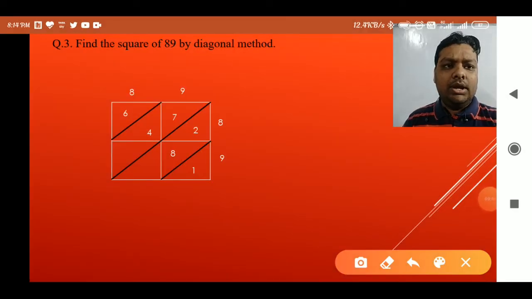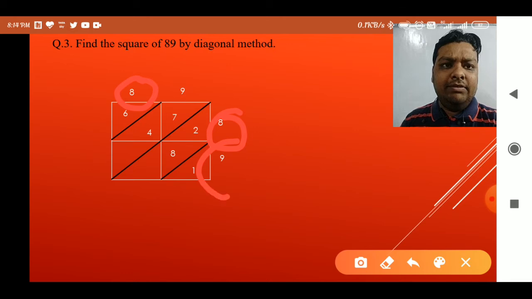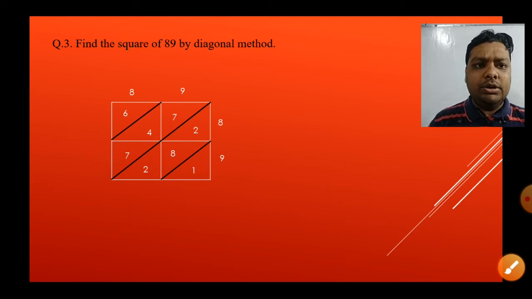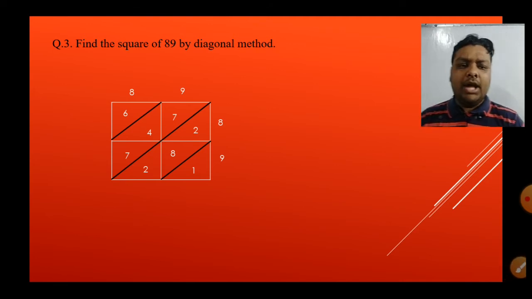Now here you can see that 8 eights, we will multiply 8 and 8 both, then we will get 64 here. Then 8 and 9 we will multiply, so 8 nines are 72, and we will put the 72 like this. Okay students, now after that what will we do?